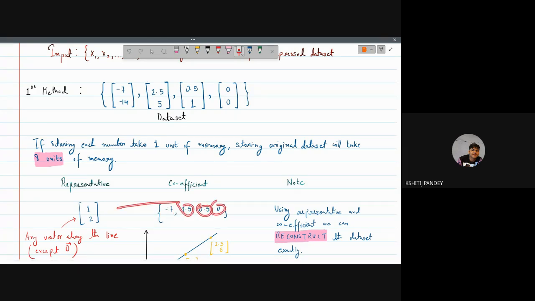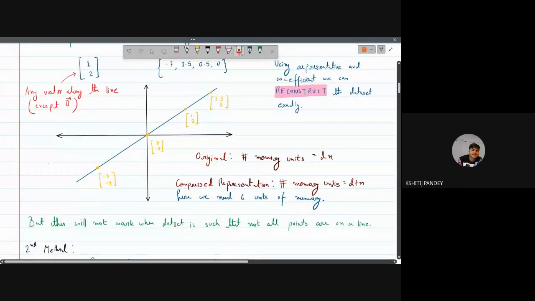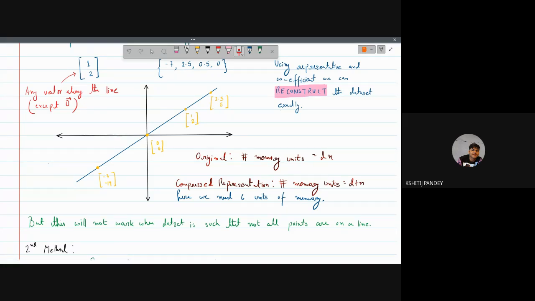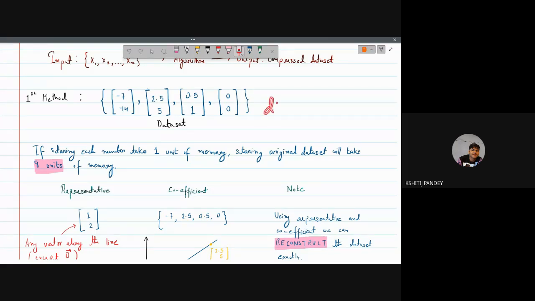Let's see how helpful this is. Originally the memory required was d into n, because d is the dimension in which your data is, and n is the number of data points. Is it clear why it is d into n?